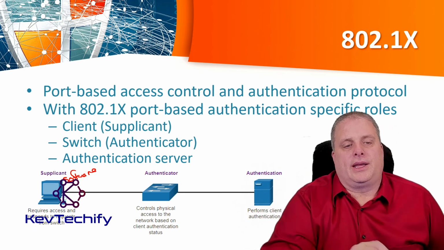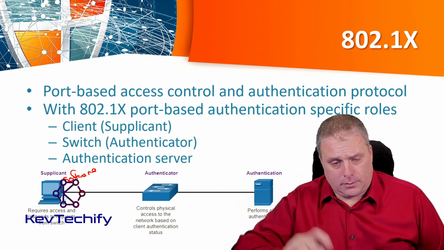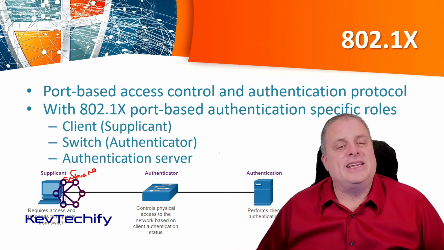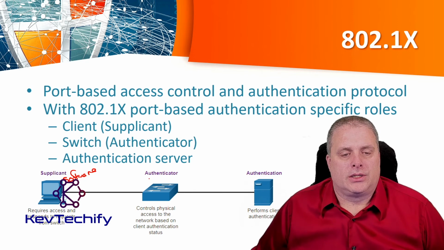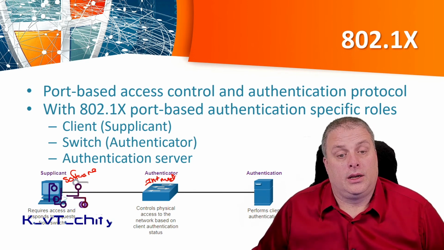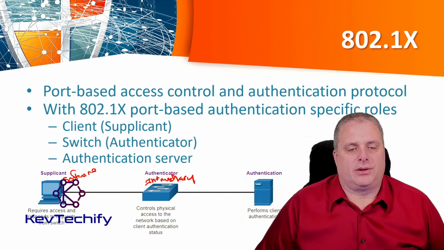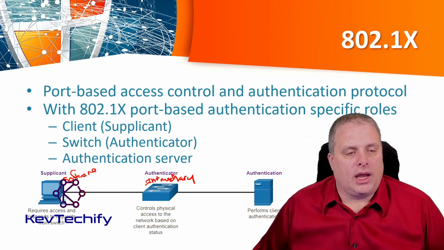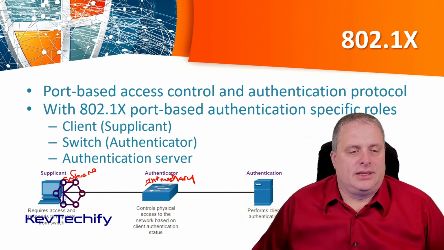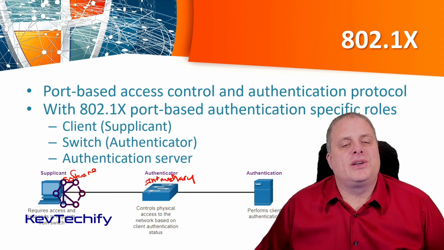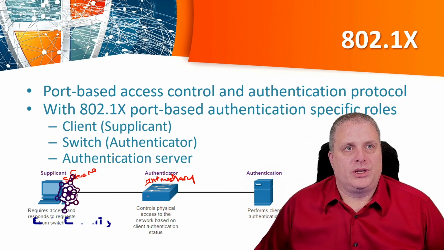Then when it connects in, it goes to the authenticator. The authenticator is this intermediary switch. What that switch does is say, okay, this device connected in on this port. They gave me these credentials at this point in time.